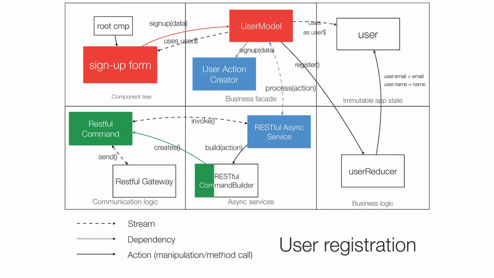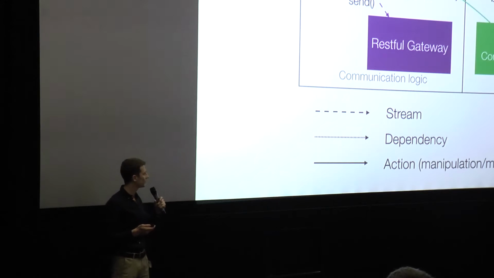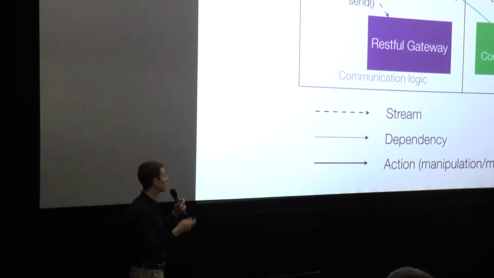So far, so good. The asynchronous data service is going to map the action to a command which is understandable by our RESTful service, and we are going to invoke this command through the RESTful gateway. The RESTful gateway is going to return a result, and this result is going to be propagated all the way back to the data model, to the user model here.